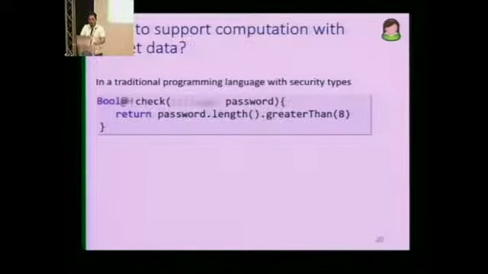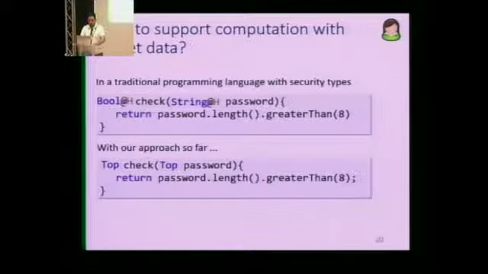In a traditional programming language with security types, we can specify that the return type is a secret Boolean and the parameter is a secret string. But with our approach so far, we can only put top on both sides.